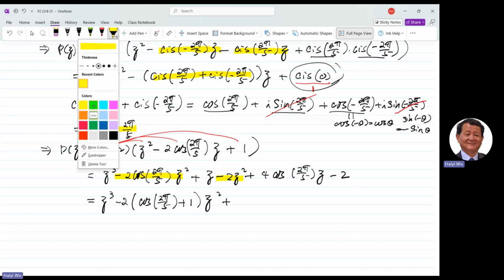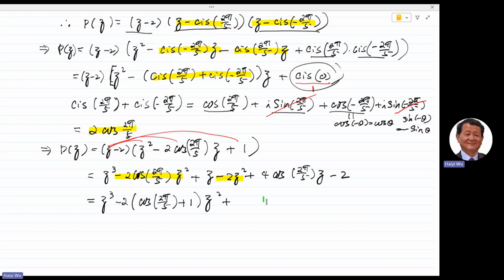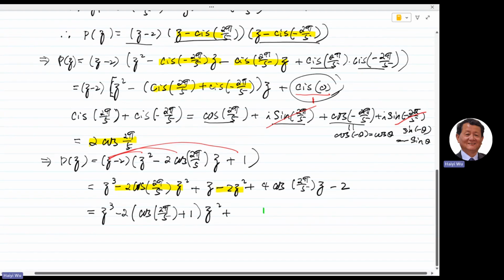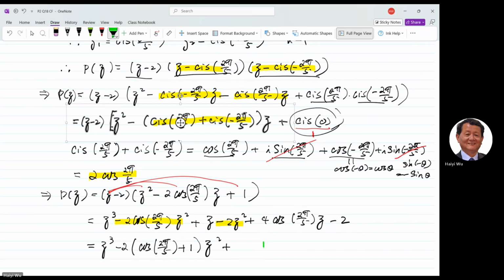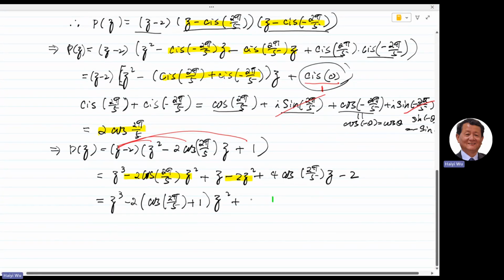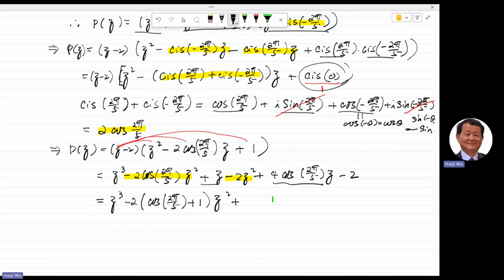Let's change to green color. All right, so now we're going to collect those two together, this with this. So that's 4 cosine 2 pi over 5 plus 1 Z, then the last one was negative 2.